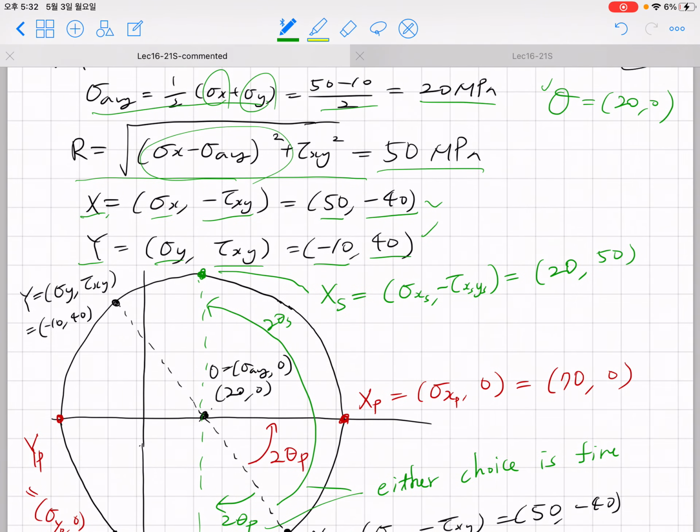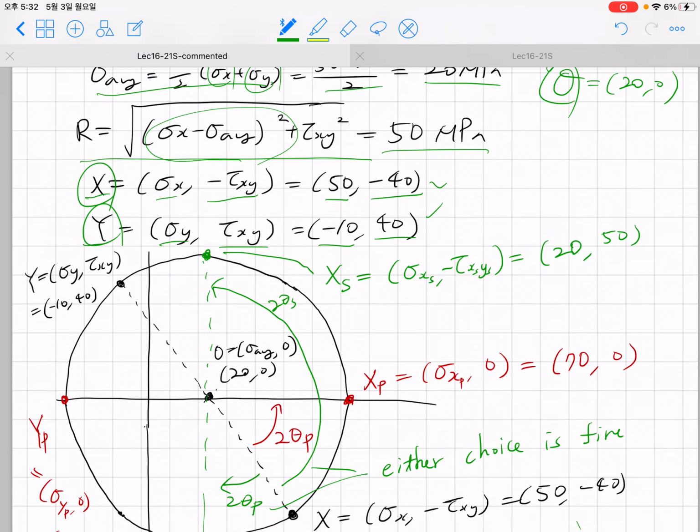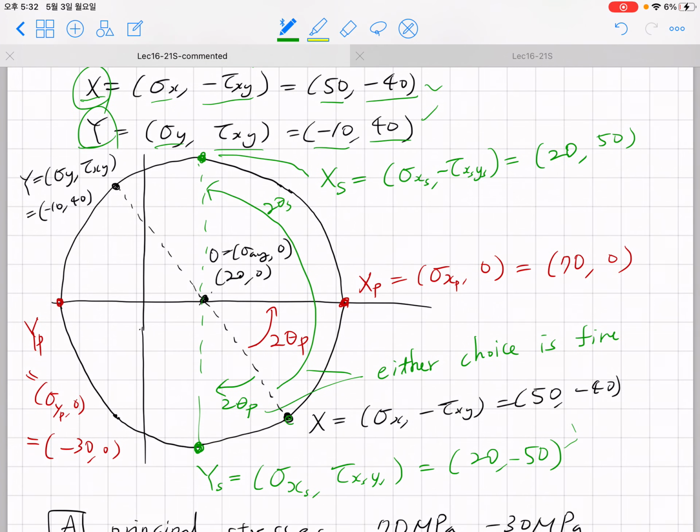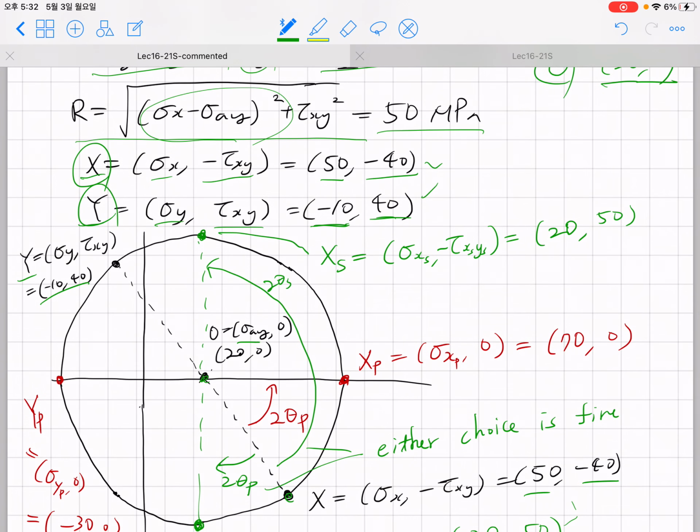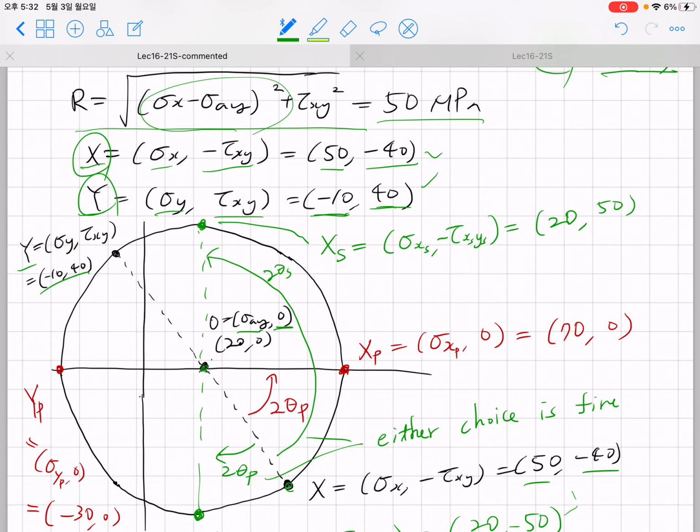Based on these three points, we put the x point, which is 50 and negative 40, the y point, which is negative 10 and 40, and the o point, which is 20 and 0, sigma average and 0. Out of these 3 points, we can locate the principal axis and maximum shear stress axis locations.